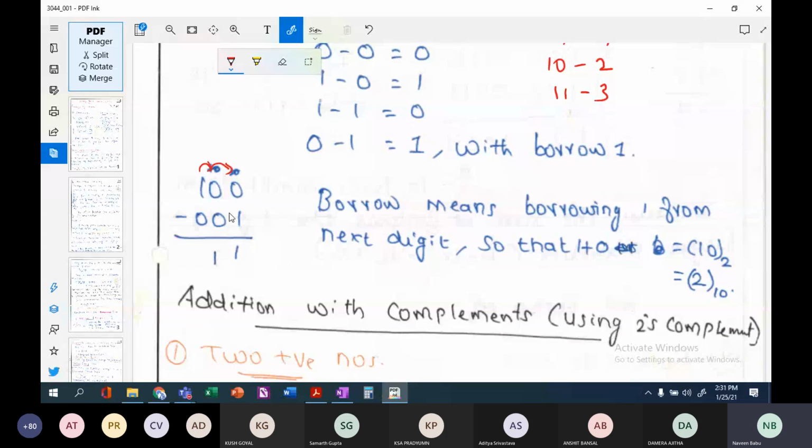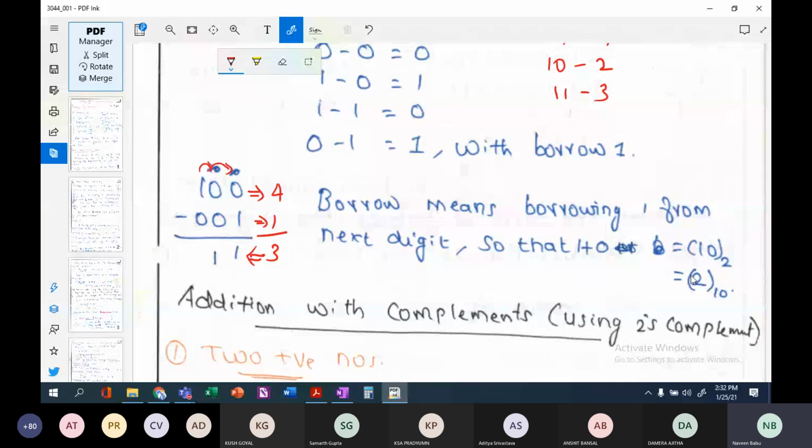What is this equivalent to? This is equivalent to 4, and this is equivalent to 1. 4 minus 1 is 3, and you get the same binary bits. Borrow means borrowing 1 from the next digit, so that your 1 plus 0 will become 10, equivalent to the value 2.